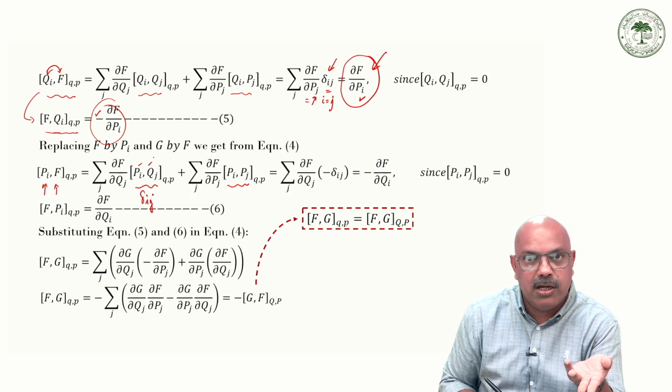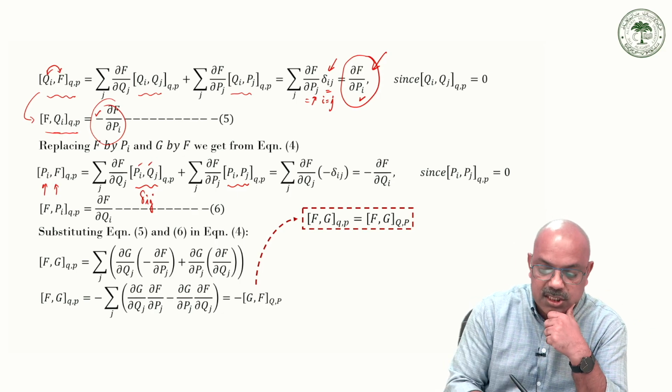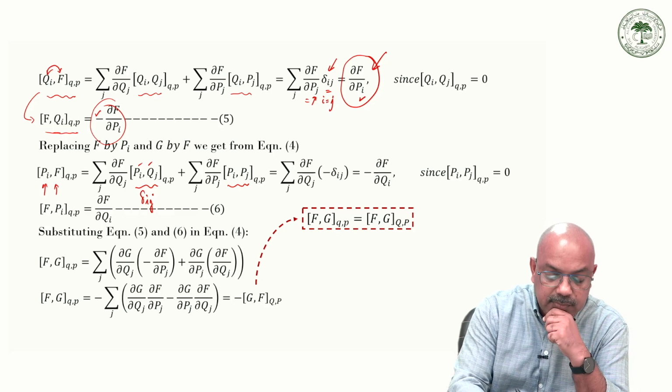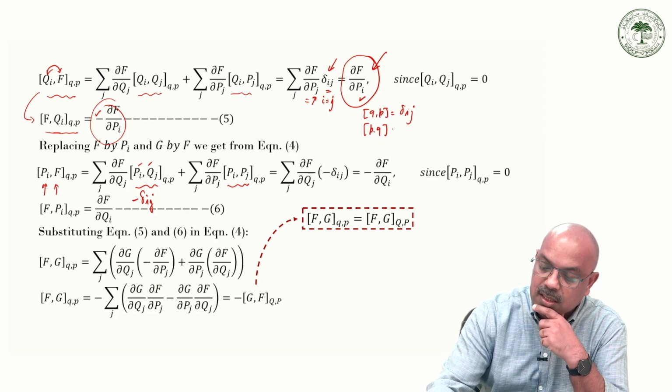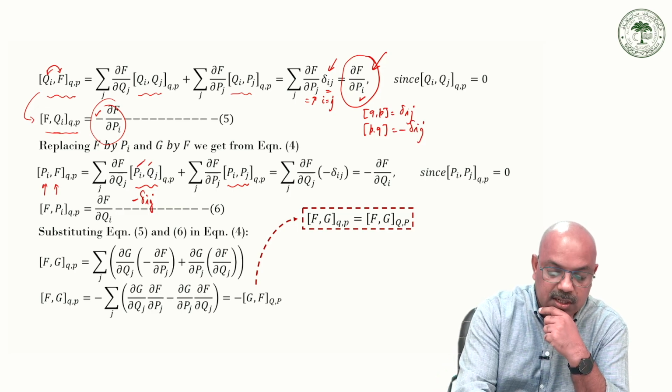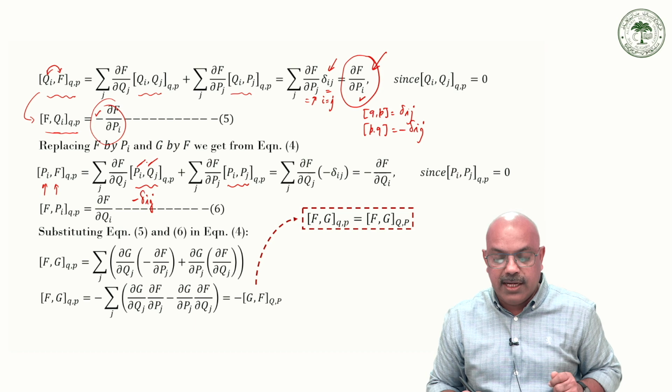This is the fundamental Poisson bracket. But this is going to be minus, because you know that {Q, P} is δij and {P, Q} is minus δij. So you have {Q, P} here, {P, Q} here, so I am going to have minus δij.